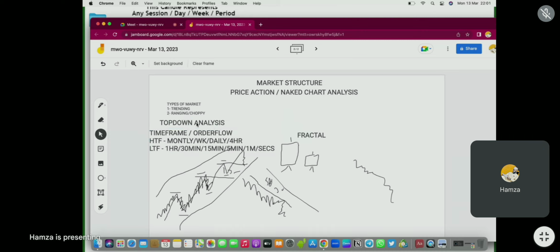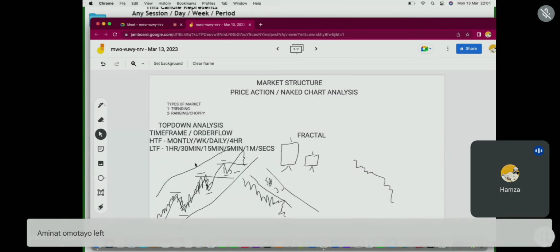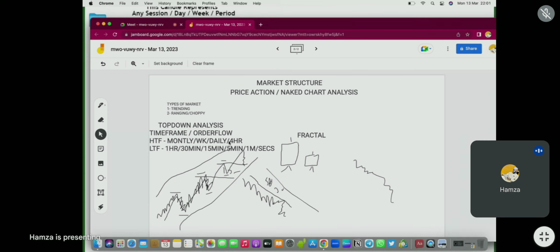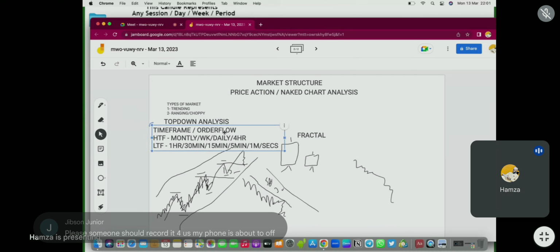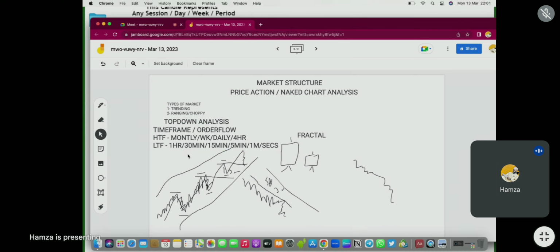Guys, I promise you all of these things are very simple. Don't let me overwhelm you. Don't feel discouraged. Give it a few months of practice, of personal research, personal studies. Listen, by this time last year, I didn't even know what a pip is. I didn't even know that there's something called pips. By this time last year, I did not even know that I would become a trader.